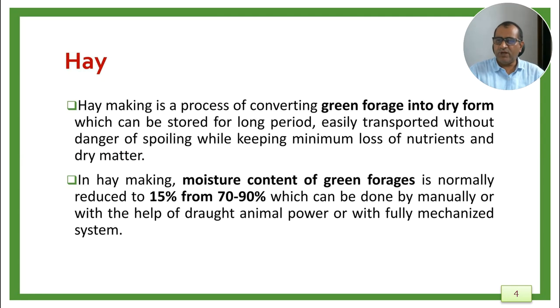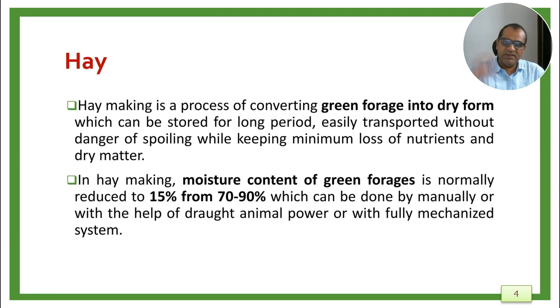Simply summarized, it is a process of making green forage into dry form so that it can be stored for a long time and easily transported, and we can stop the spoiling of the valuable fodder and nutrients.